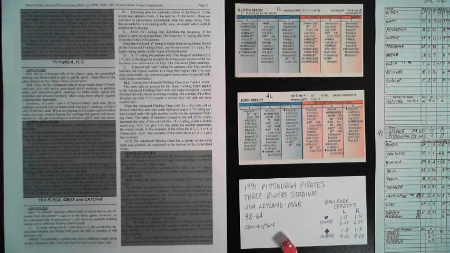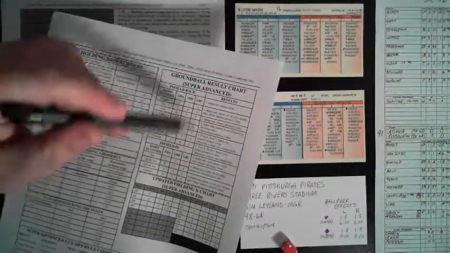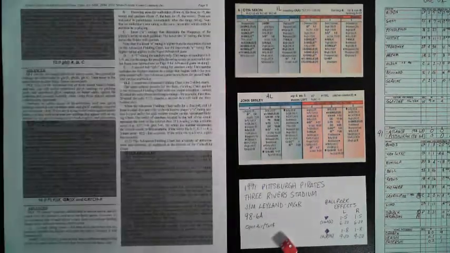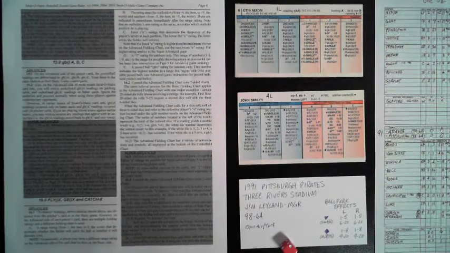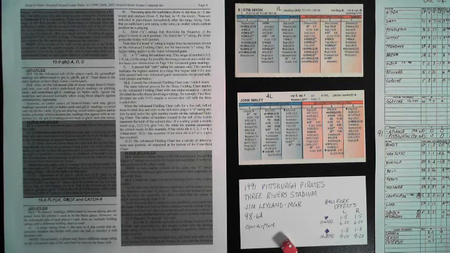This is when you are going to refer to the infield back portion of this chart for play results. Runner on first, runner on second, runners on first and second. If the corners are in and a ground ball A, B, or C is hit to the first or third baseman.